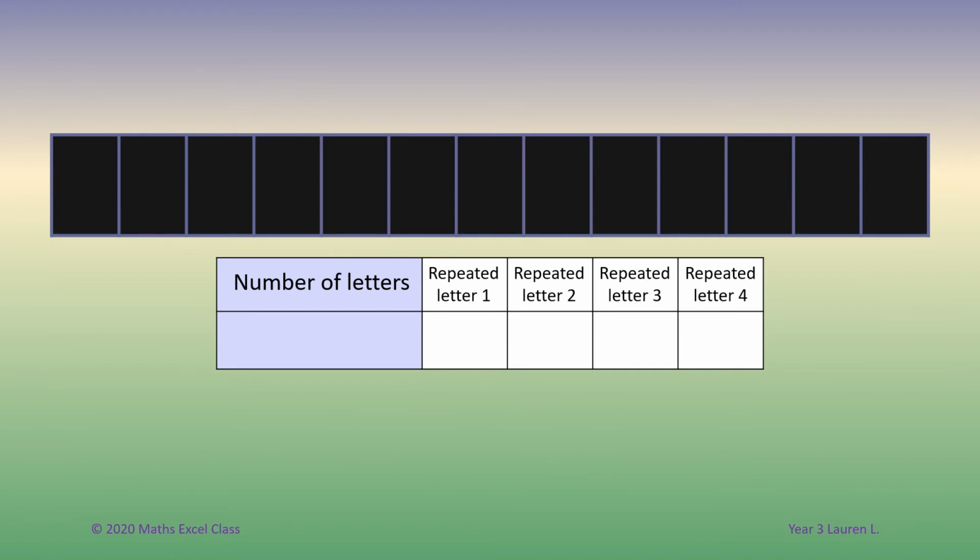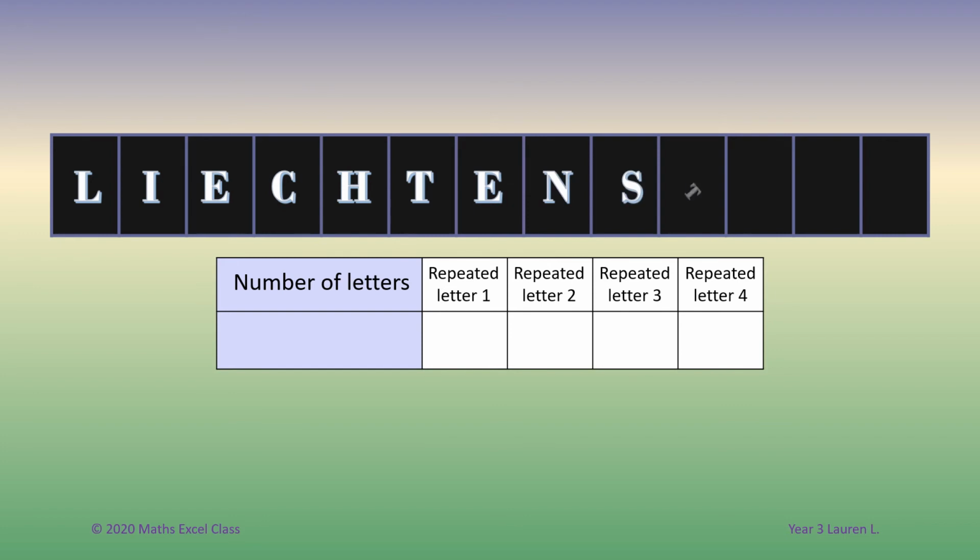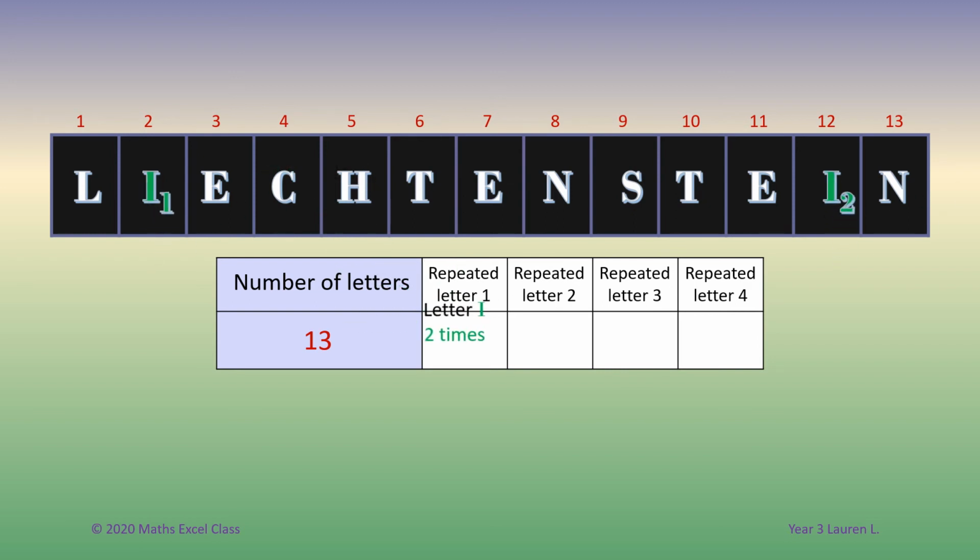Finally, for Liechtenstein, spelled L-I-E-C-H-T-E-N-S-T-E-I-N. Liechtenstein has 13 letters, and its first repeated letter is the letter I, which is repeated 2 times.